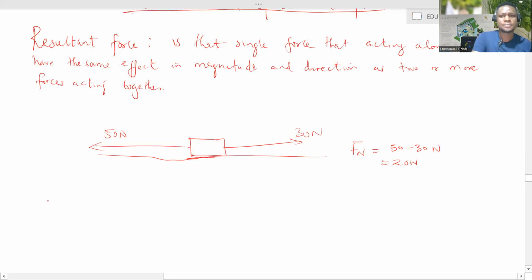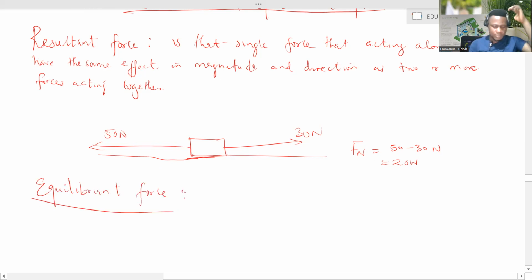Now let's look at the equilibriant force. The equilibriant force of two or more forces is also a single force that will balance all other forces.